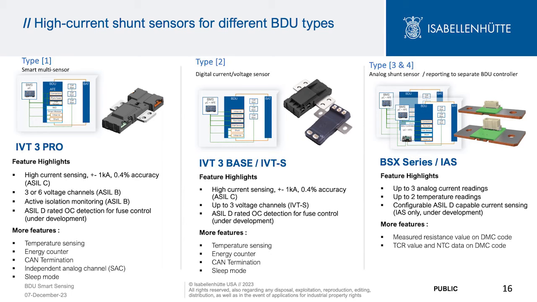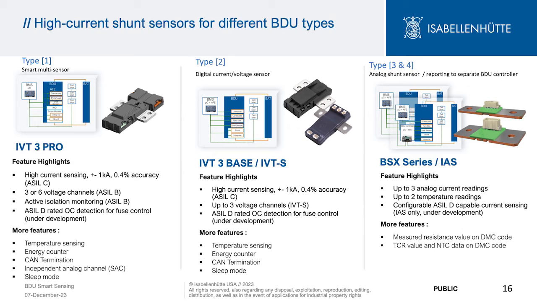The feature highlights here are that our analog BSX and IAS series provide up to 3 independent analog current readings from independent sensing points, which also enables ASIL D capability on system level, and up to 2 independent temperature readings from independent NTCs.